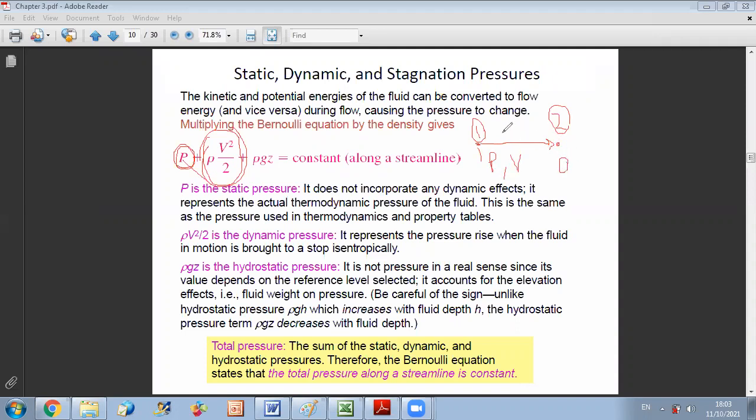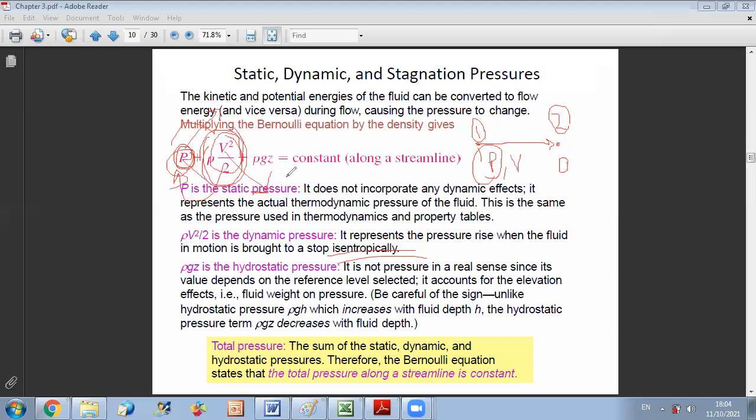then without losing energy, this is why they say to stop isentropically, this means without losing energy, then all your energy will become flow energy, because the kinetic energy will be transformed into flow energy. So the velocity will decrease and the pressure will increase.